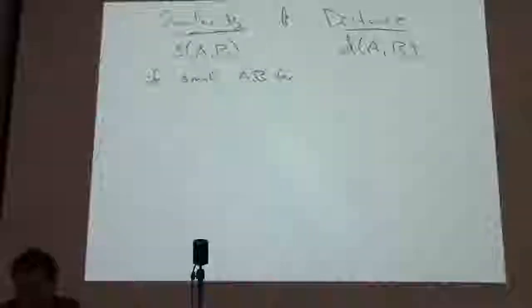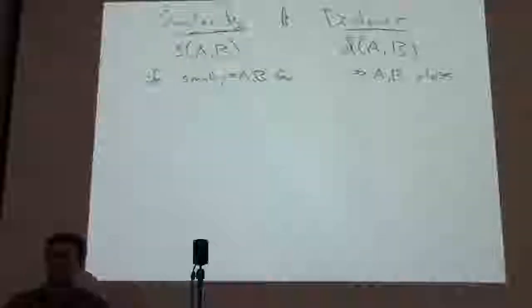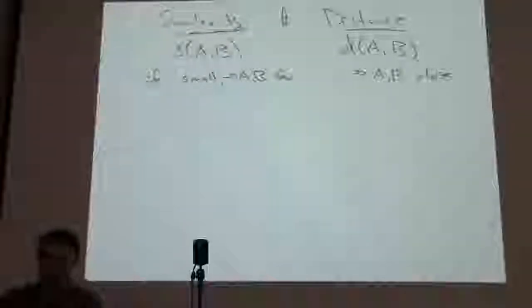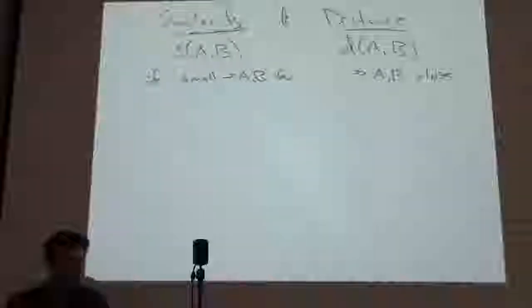If this is small, then A and B are far away from each other in a concept. But in a distance, it means A and B are close. So these are kind of opposites of each other. If something is very similar, that means it has a high similarity value, right? But that would mean its distance is small, right? So think of these as kind of like inverses of each other.